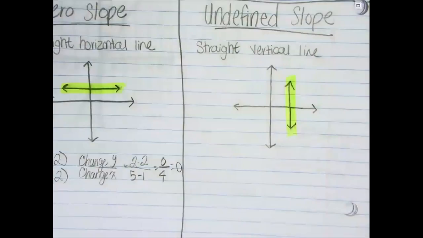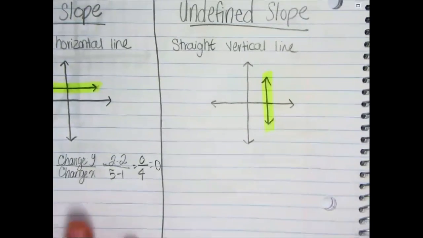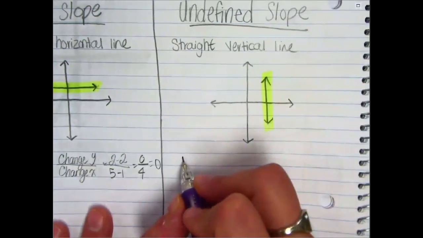So let me ask you this question. If on our zero slope, our y values were always the same, on a straight vertical line, what values are always the same? X values. So let's do another example, just like I did on zero slope, to help explain what undefined slope really means.